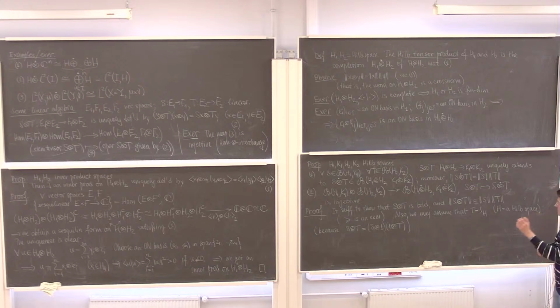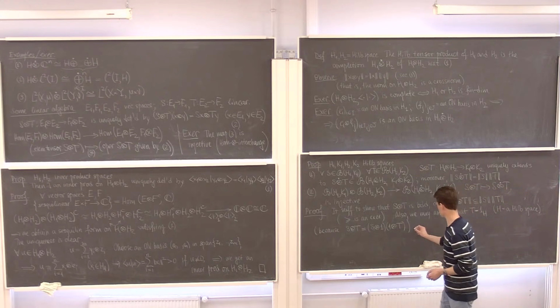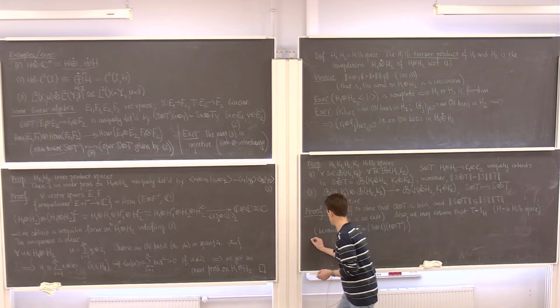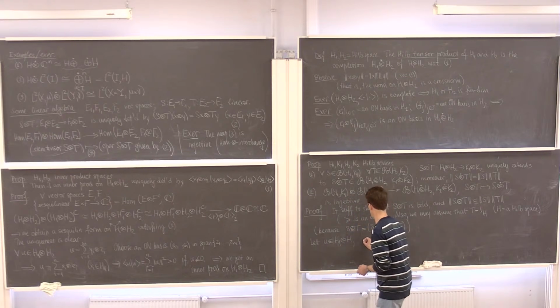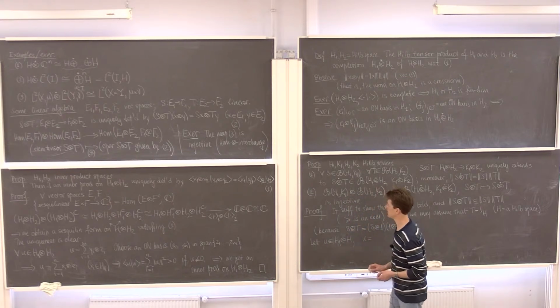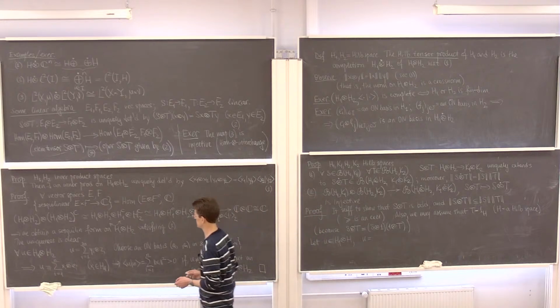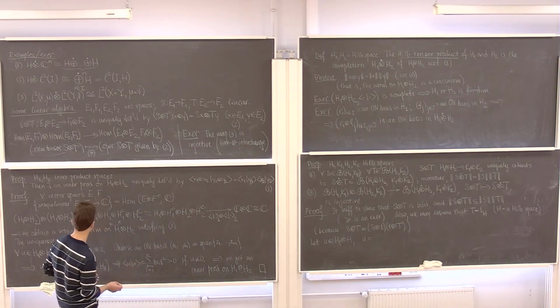Okay, so why is it bounded? Well, let's take an element u in the algebraic tensor product of H1 and the second space, which is just H. We write it as a sum of elementary tensors, just like we have already done here.